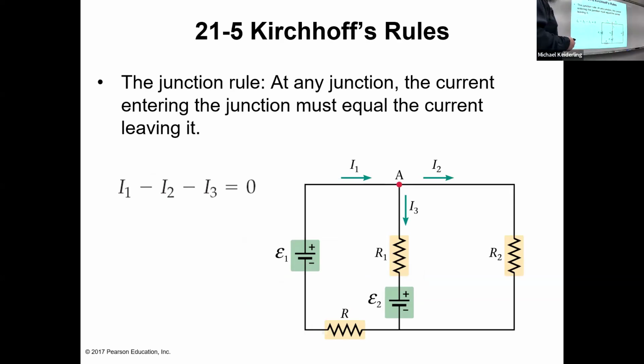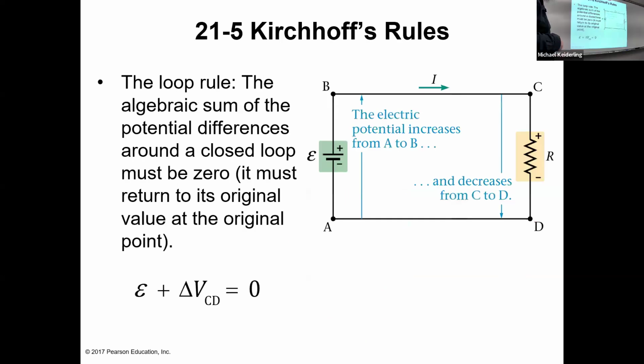So the junction rule, at any junction, the current entering the junction must equal the current leaving it. So I1 minus I2 minus I3 equals 0. The loop rule is that as you go around the loop, epsilon plus delta V between C and D equals 0. Delta V is going to be minus IR.